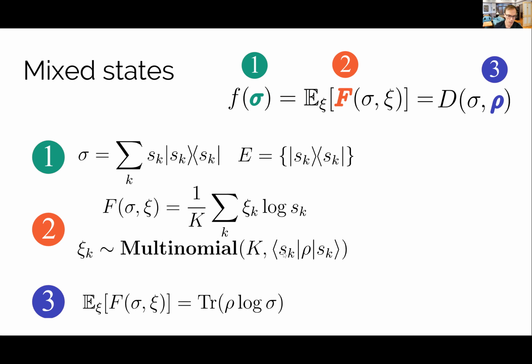Okay. Now, another kind of straightforward calculation that you can do is that if I take the expectation value of this function over this multinomial random variable, I get this term here, and you'll recognize that as the cross entropy term from the quantum relative entropy, or the quantum Kullback-Leibler divergence.